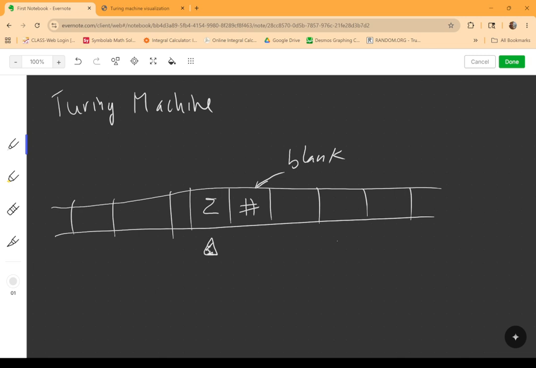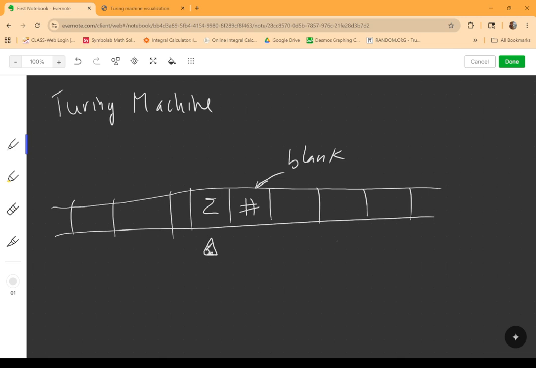Think of it as incredibly large in both directions, and if you get to the end of it, you can just add more memory. The computation ends when the machine enters the special halt state, which we call H. The contents of the tape at that point are the output.